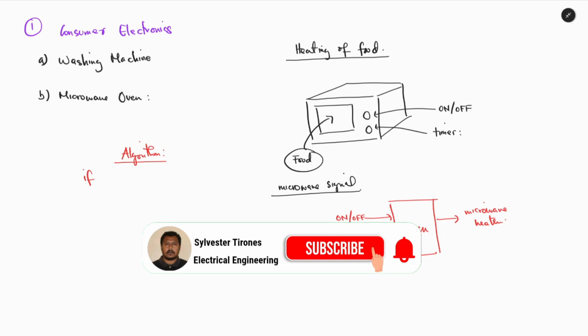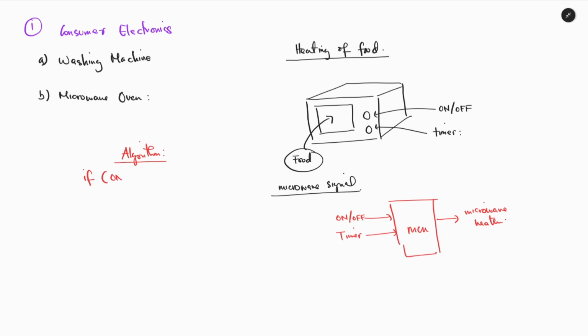And let's say if the power is on, then it will wait for the timer to be switched on, and we can see that if this condition is true, it will wait for the timer.